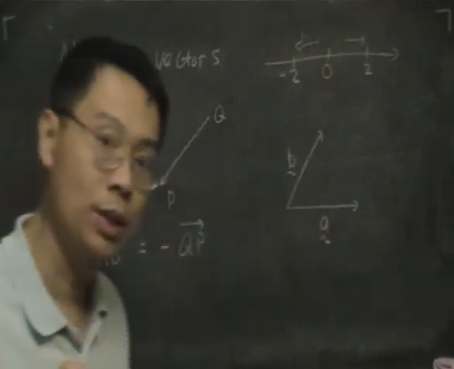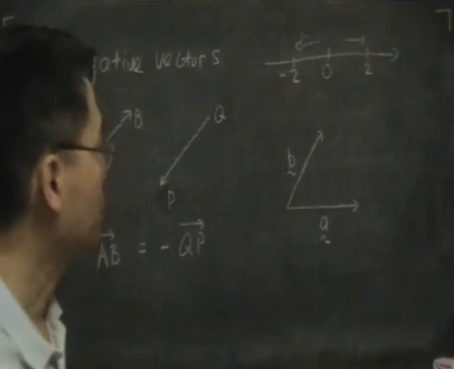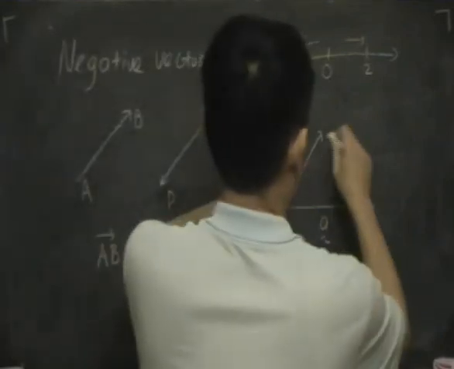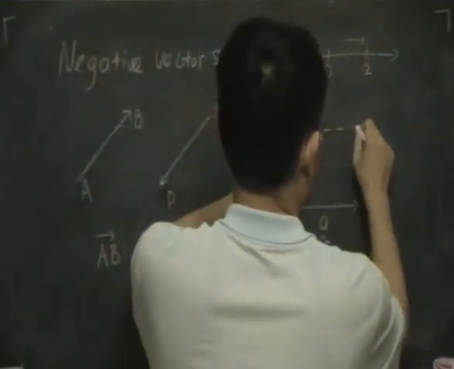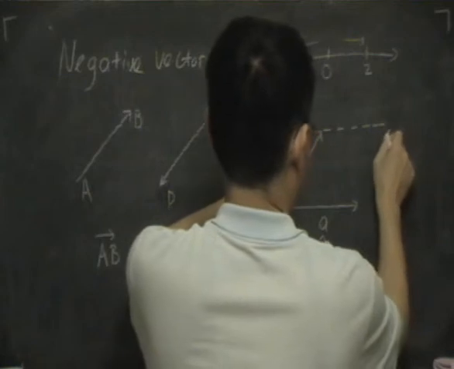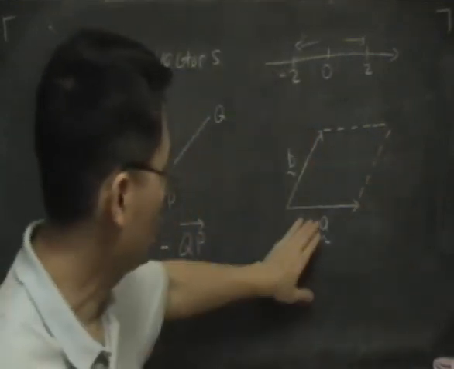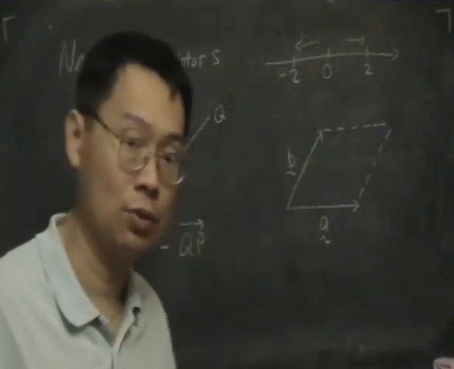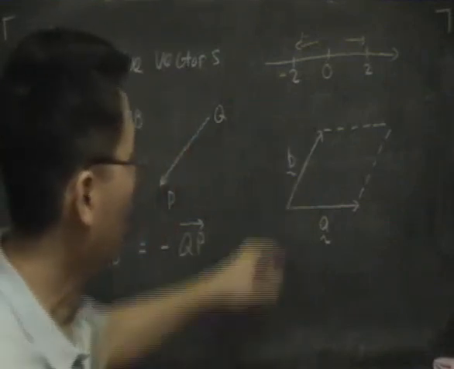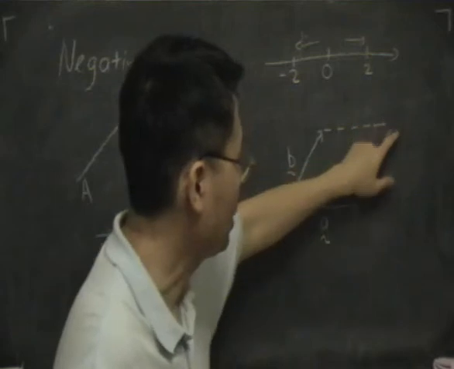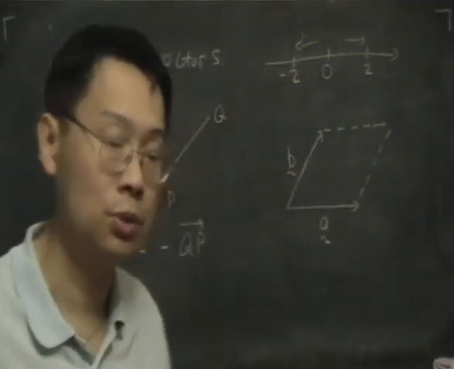And the way to do it is to draw a parallelogram. So this is what I would do. I would imagine that the two vectors are two sides of a parallelogram, and I'll complete the parallelogram by drawing the other two sides.